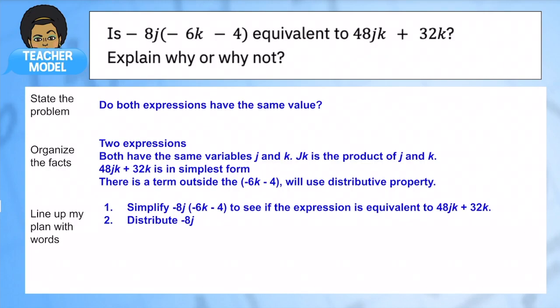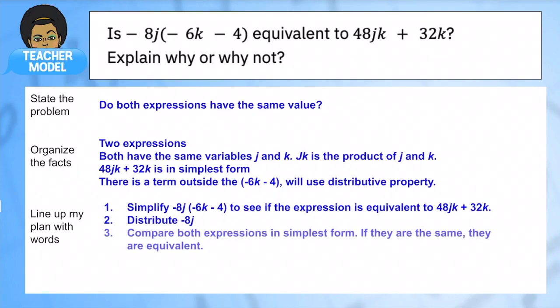So remember our rule, negative times a negative is positive, and negative times a positive would be negative. Let's go to the next one. Once we've distributed and combined like terms, we're going to compare both expressions in simplest form. And if they're the same, they're equivalent. If they're not the same, they're not equivalent. So let's hit pause and we'll jump to this one.